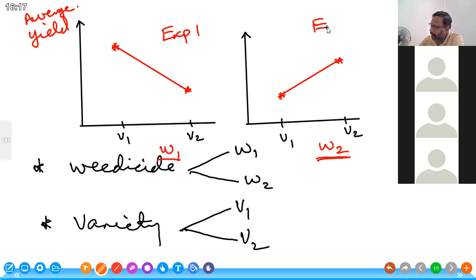This is experiment 2. I have 2 experiments, experiment 1 and experiment 2. So in one experiment I'm applying we decide to 2 types of varieties. The other experiment is I'm applying another type of we decide to the same variety of paddy.